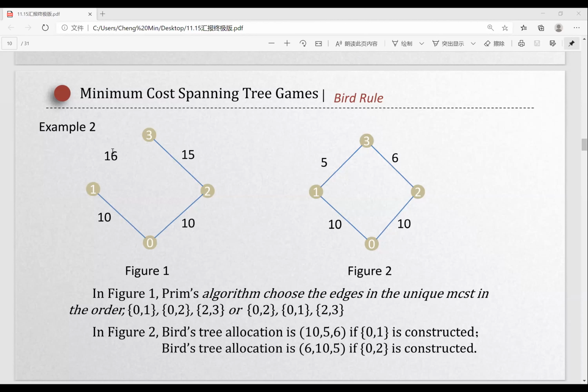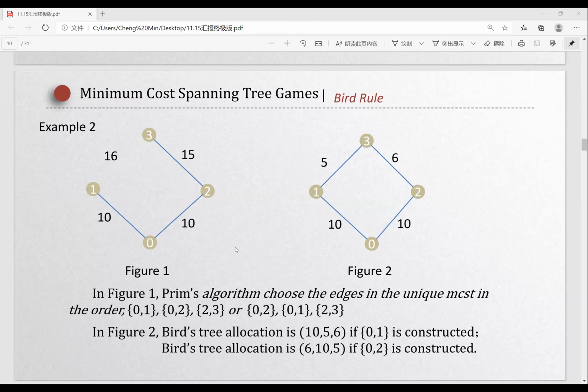See example 2. In the problem on the left of the figure, Prim's algorithm chooses the links in the unique minimal cost spanning tree in the order 0-1, 0-2, 2-3, or 0-2, 0-1, 2-3.